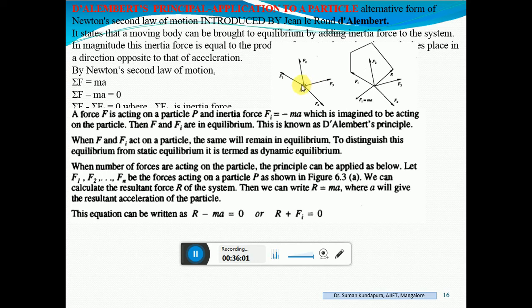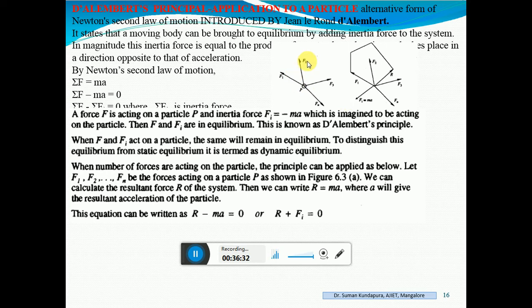So, in case only one force is acting on this particle, then the inertia force exerted on this particle, Fi, is equal to minus ma, which is imagined to be acting on the particle, then F and Fi are in equilibrium. If there is only one force acting at this particle P and there is another force Fi which is stopping it, then that concept is called D'Alembert's principle.